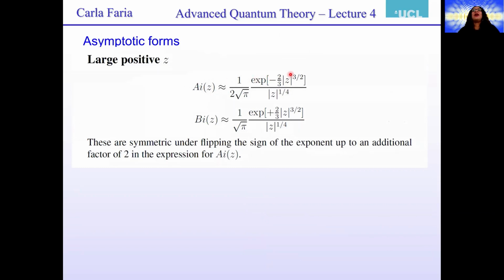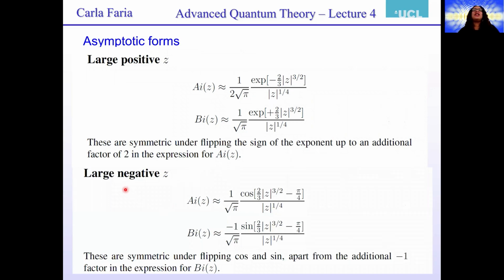So you have these expressions in terms of these fractional exponents of z, divided by z to the 1/4, and you have this expression here when it's exponentially increasing. So they are symmetric if you flip the sign of the exponent up to an additional factor of 2. If you don't trust me, you can check it. I'm not going to prove it.